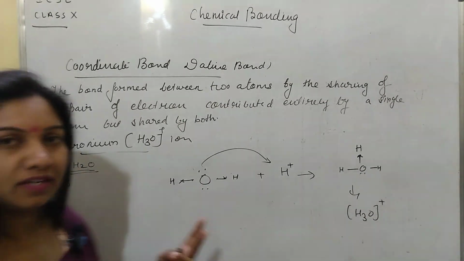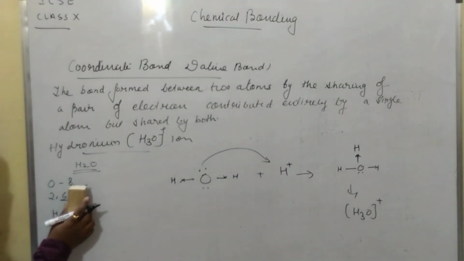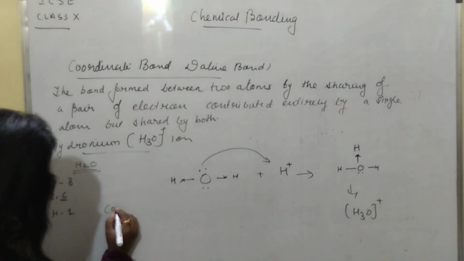Two conditions are necessary for the formation of a coordinate bond. What are those two conditions?